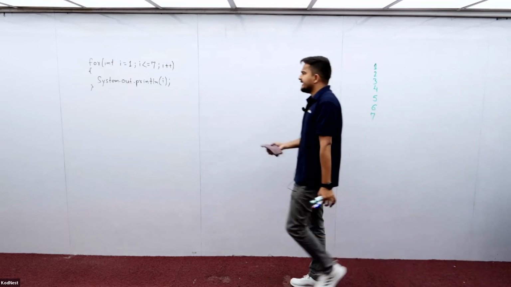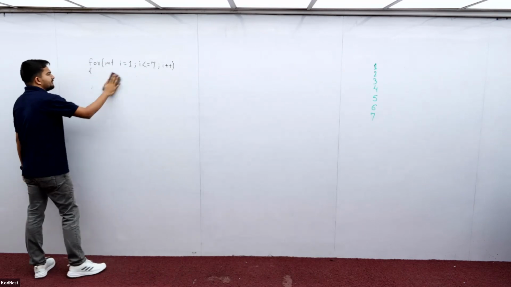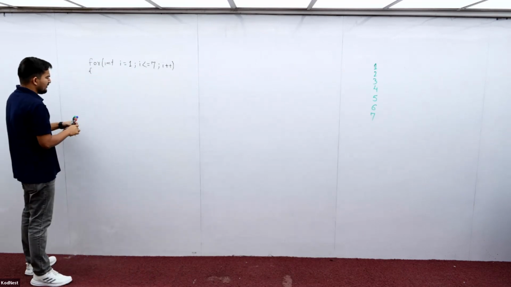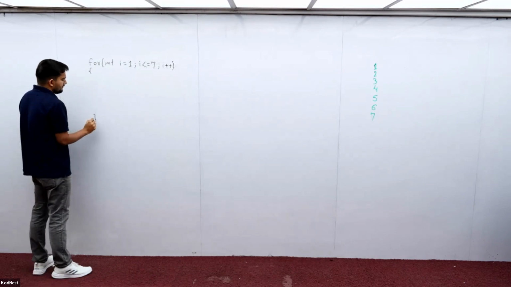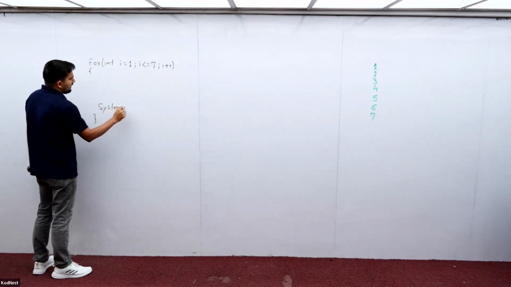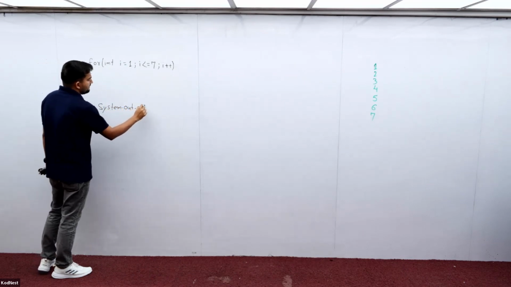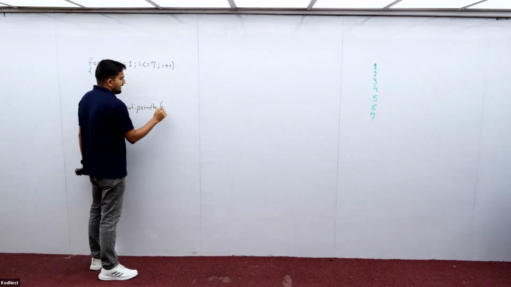Maybe in the same program, I'm going to use the break statement. Maybe I am having a loop like this, a program like this, and in this I'm printing the same thing, System.out.println, simply printing the value of i.